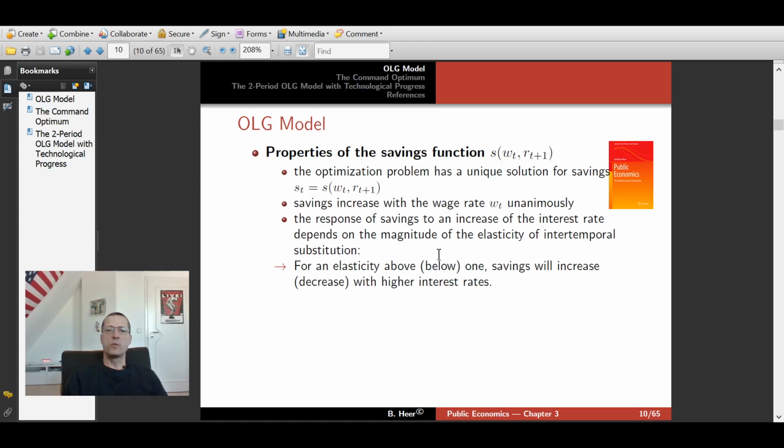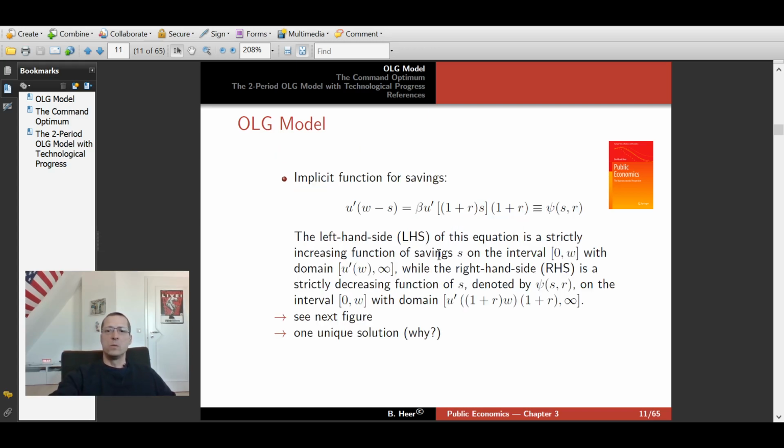So we look at the properties of the savings function, which is an implicit function of W_T and R_{T+1}. And we will look at the Euler equation, which I replicate here. Marginal utility of consumption today is equal to beta times 1 plus R times marginal utility tomorrow.